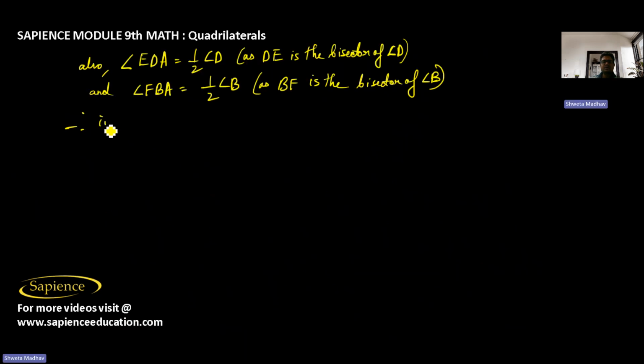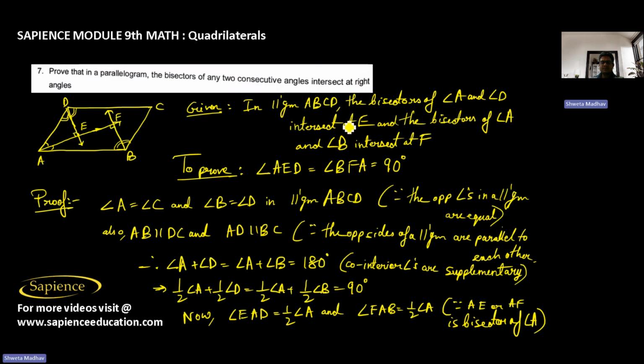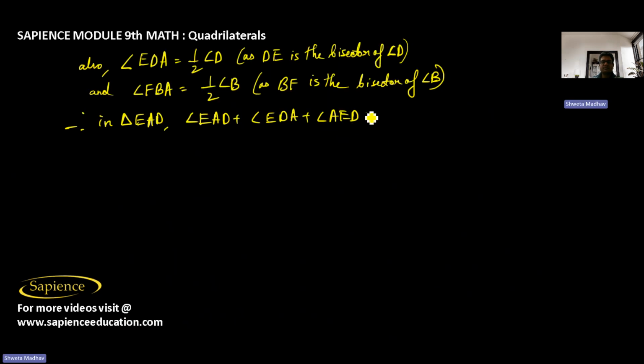So therefore, I can say in triangle EAD, angle EAD plus angle EDA plus angle AED is equal to 180 degrees, by the angle sum property of a triangle.